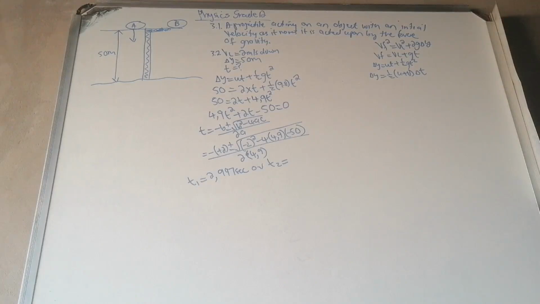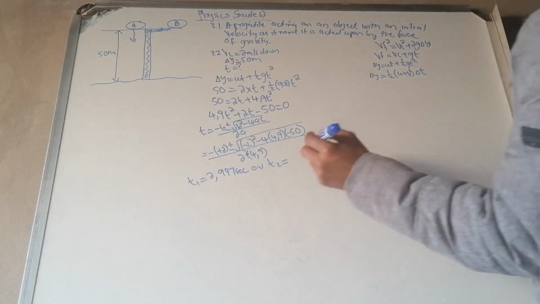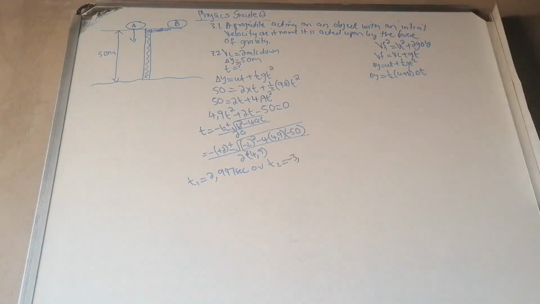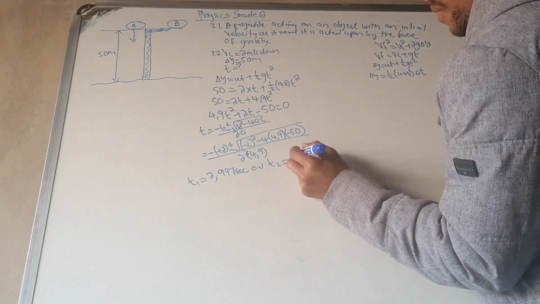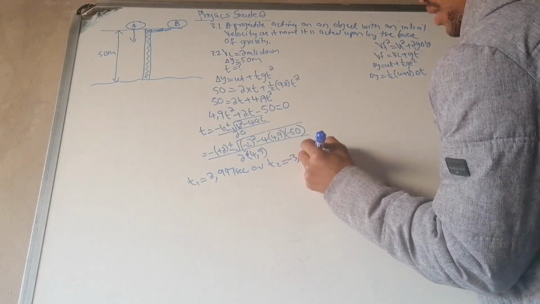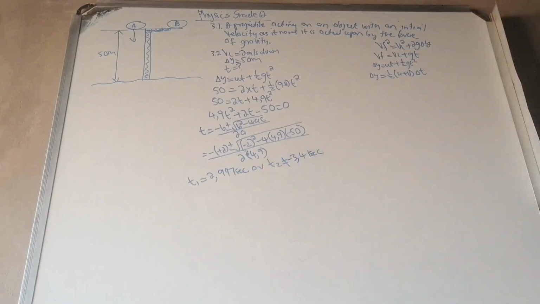This should be a minus, and we have negative 3.41. This is not a time continuum, so we cannot have a negative value. This is negative 3.41 seconds, and time cannot be negative.